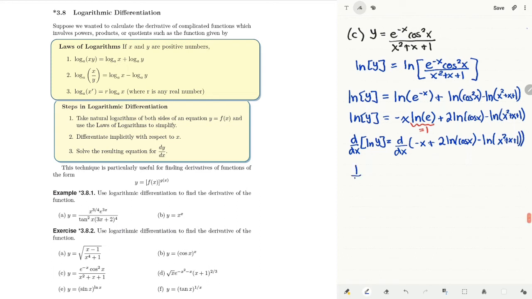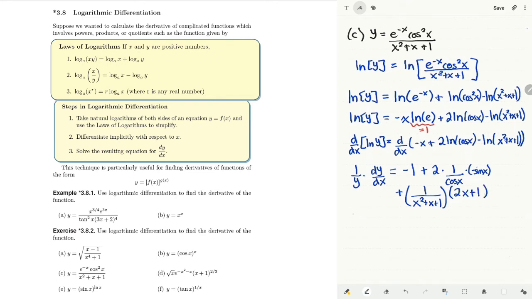So on the left-hand side, we have 1 over y times dy over dx is equal to negative 1 plus 2 times the derivative of the ln of cos x, which is 1 over cos x times negative sine x, minus the derivative of ln of x squared plus x plus 1, which is 1 over x squared plus x plus 1 multiplied by the derivative of x squared plus x plus 1, which is 2x plus 1.